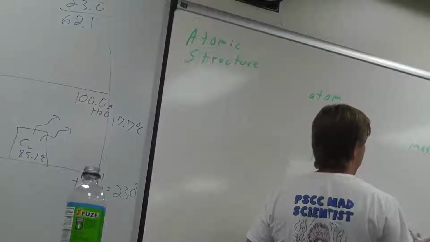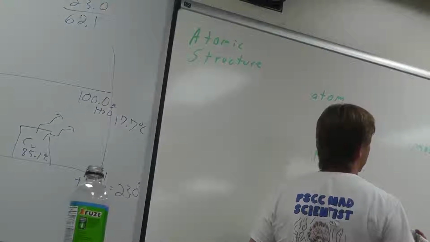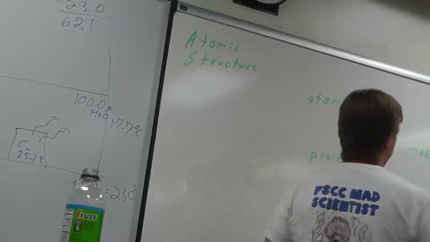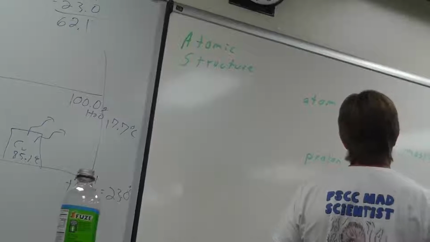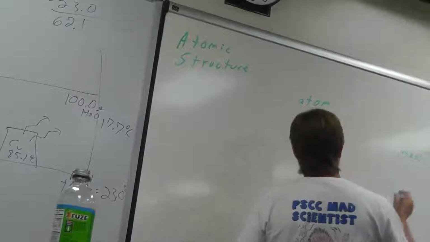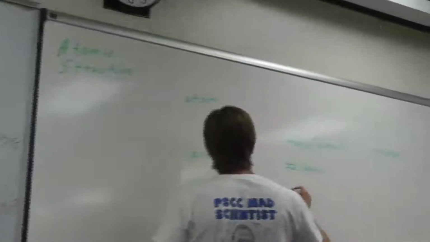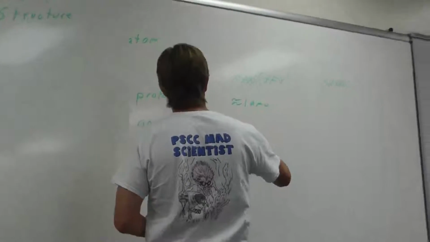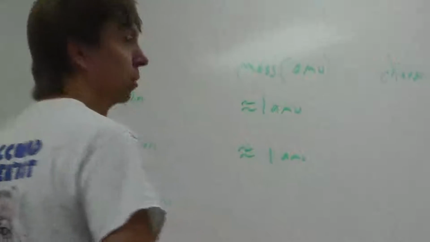So the gram unit is a nice convenient scale for lab work, but it's not a very useful unit when you're talking about individual atoms. And so they made the atomic mass unit scale to talk about individual atoms. And on that scale, a proton and a neutron are each about 1 atomic mass unit.